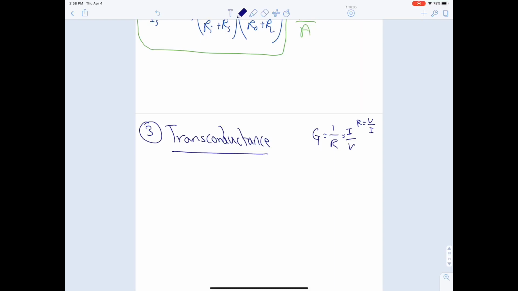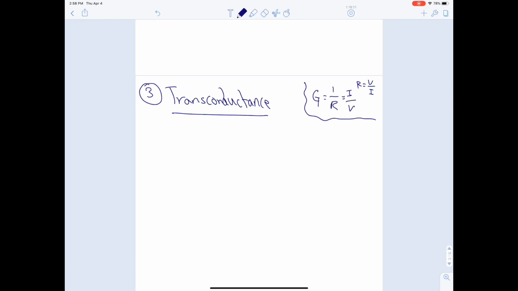Okay. Now, the base of the transconductance amplifier is as follows.